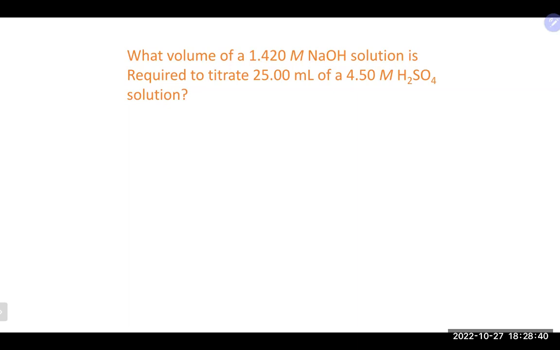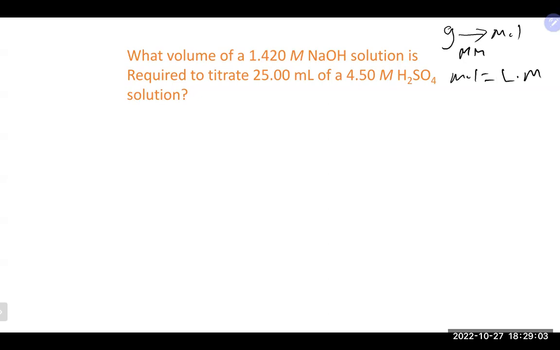The good news is it's the same stuff that we use in the other stoichiometry problems. The only difference is that in the previous problem, to get the moles, we used grams and the molar mass. When you're dealing with solutions, the way we get to moles is we use the liters times the molarity. That's really the only difference.